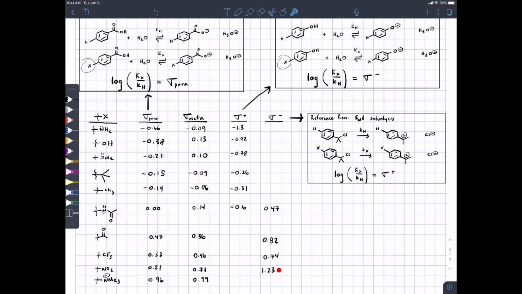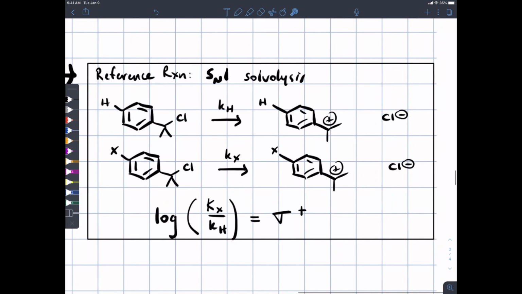Here you're seeing presumably only the resonance effect. So people will, when they think that resonance is most important in a particular study, they'll use these sigma minus values. You can get sigma plus values for resonance electron donation using this solvolysis reaction as the reference.